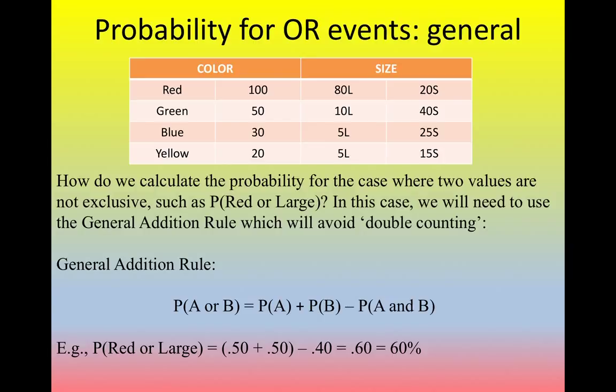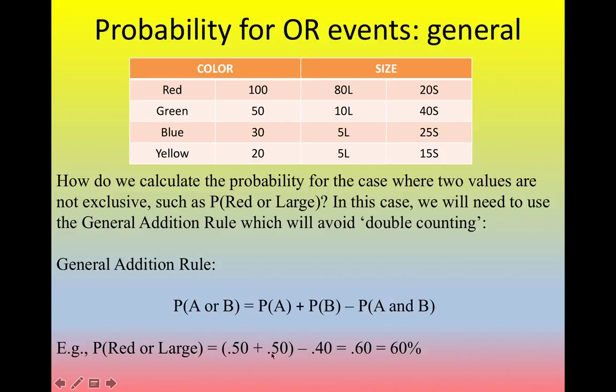But A by itself or B by itself each include whatever's in the intersection of A and B already. So we need to subtract that intersection to avoid counting things twice. The intersection is, in this case, A and B right here.